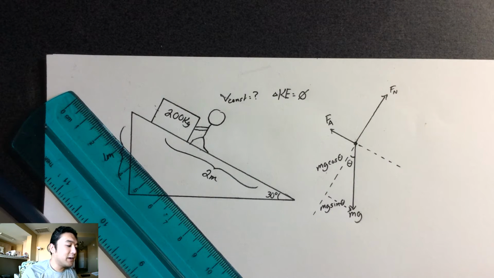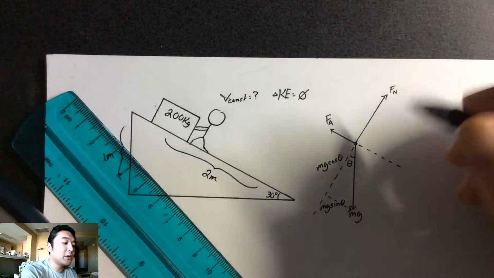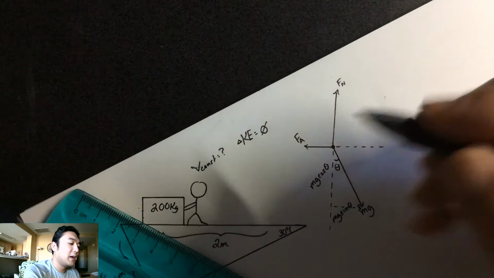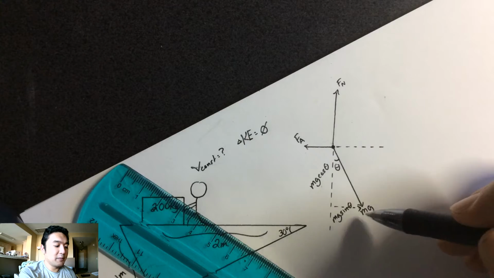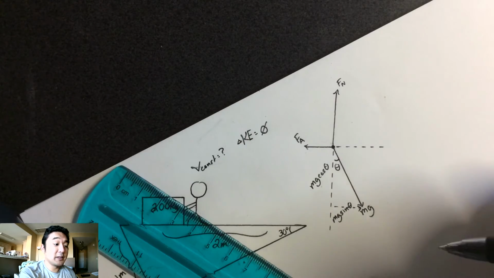And alright, so the question was, how much force is exerted by the man? And if I look at my free body diagram, if I tilt it, I know that the force applied by the man here should be equal to the amount of force that is the mg sine theta.